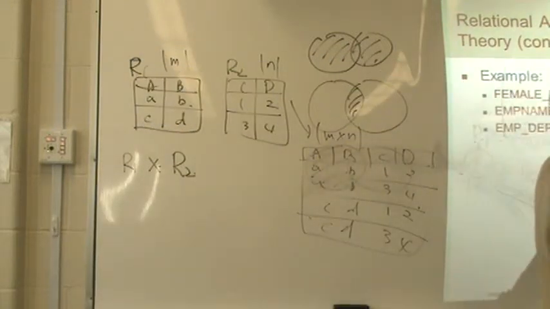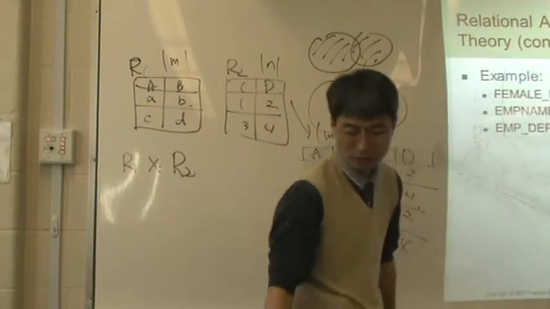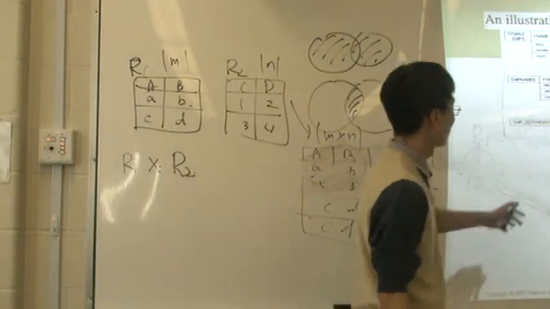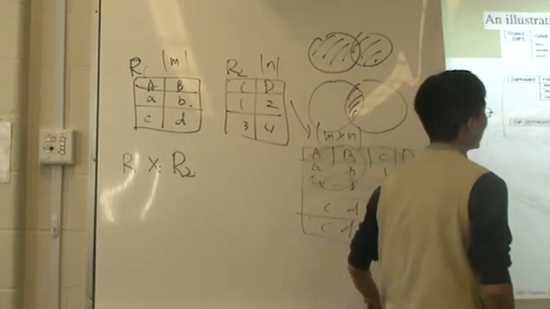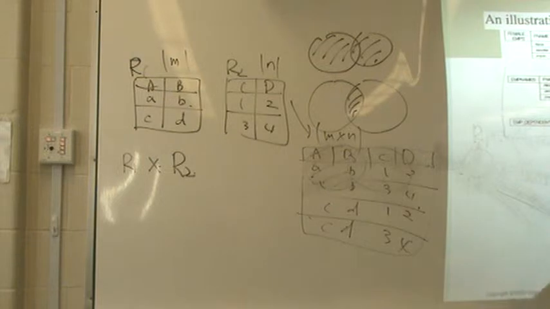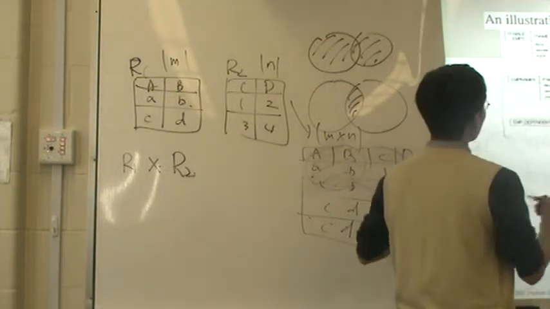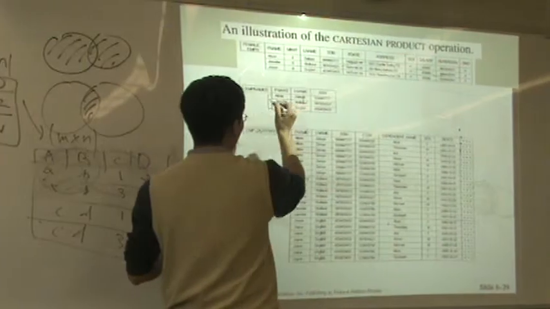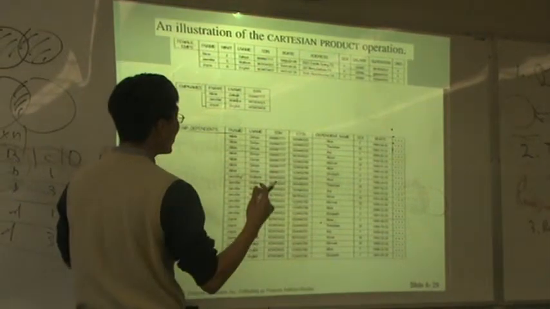So what does it mean? We have the female employees. We have the names of female employees, then the Cartesian product with the dependent. It will return a huge amount of data, as you can see. So for example, how many females? We have 3. However, how many dependents?